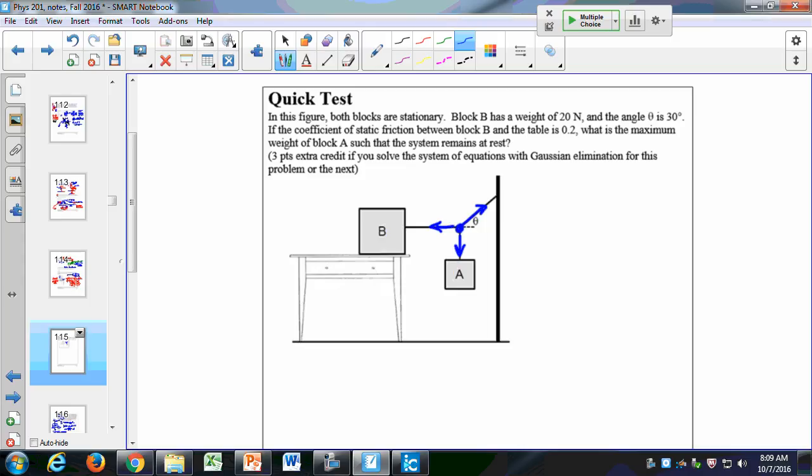The one for block A I've mostly drawn for you here, but you'll need to set up your coordinate system and think about how that's going to look. Think about the forces that are acting on block B as well, and draw a vector diagram labeling all those forces. So two vector diagrams, just like on the exam. You had two blocks, two vector diagrams.